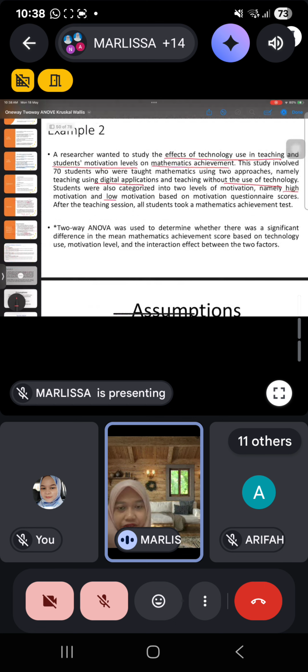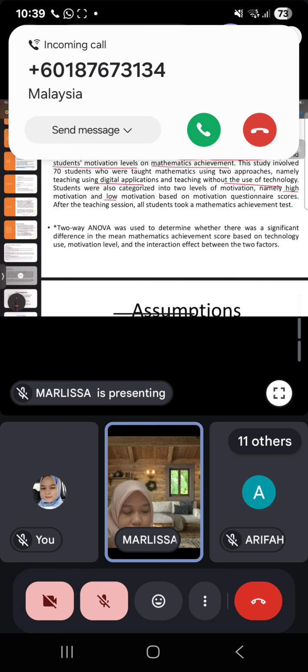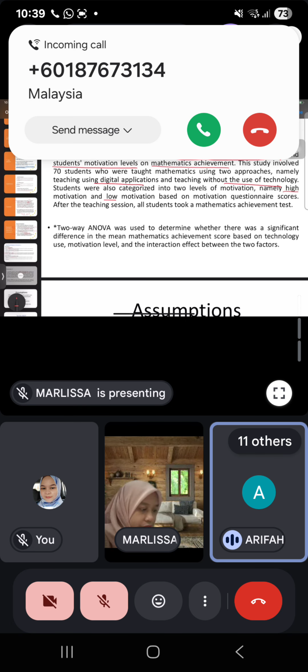The first main effect, the research question for the main effect first. Can someone tell me what is the research question for effects of technology use? Anyone? Maybe, what is the effect of technology used in teaching on mathematics achievement.